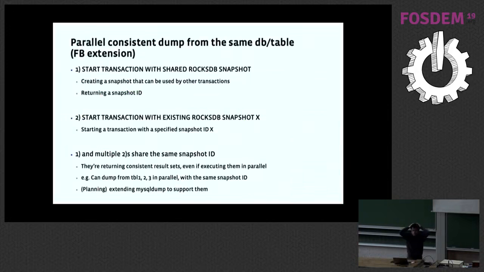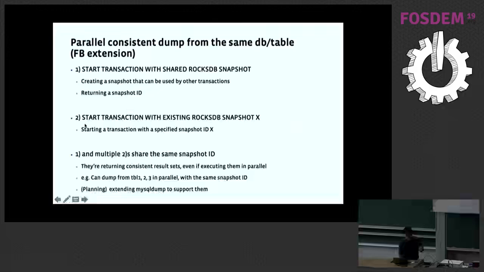The feature we recently added was a parallel consistent dump from the same table or same database. START TRANSACTION WITH SHARED ROCKSDB SNAPSHOT is a new syntax added in Facebook MySQL. It creates a snapshot and starts a transaction, but also returns a snapshot ID that can be used in other transactions.